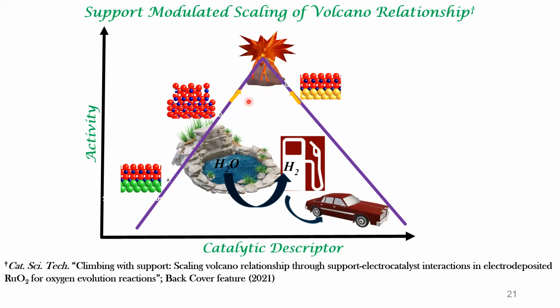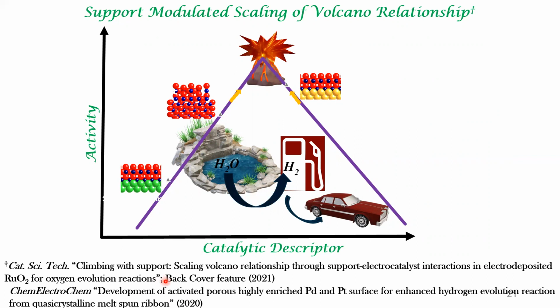That is, we improved the activity by forming better interfaces. This is elaborated in this manuscript. We have extended this approach to a variety of other systems also. For example, in this manuscript, we utilize a similar approach involving bulk metallic glasses and design hydrogen evolution electrocatalyst.